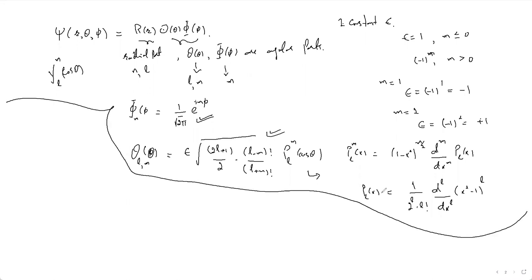From this particular equation, first I will find PL of x, then I will substitute in this equation to find the PLM of x. So what is it for L equal to 0?